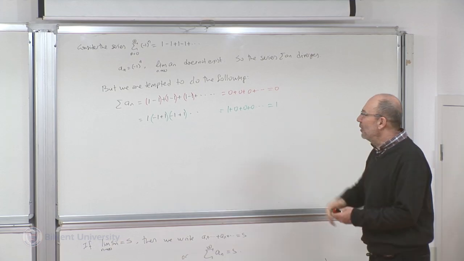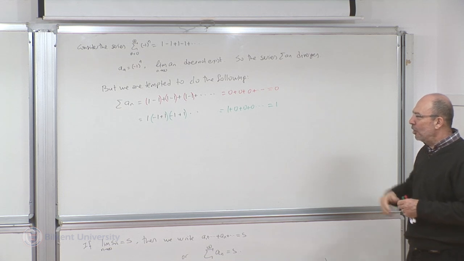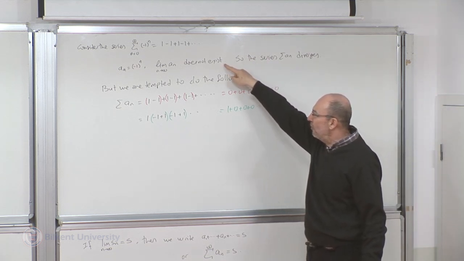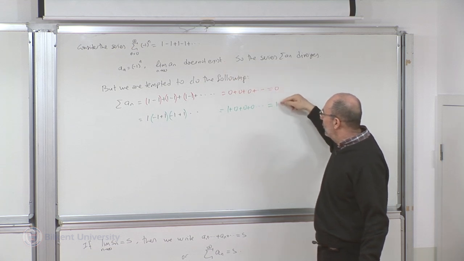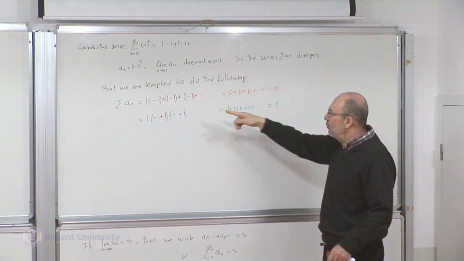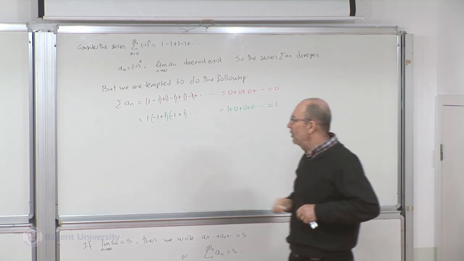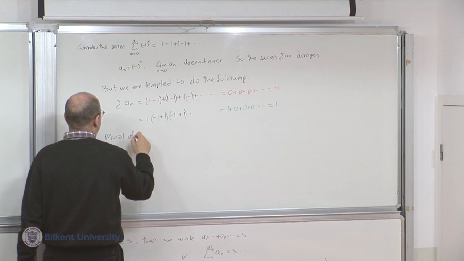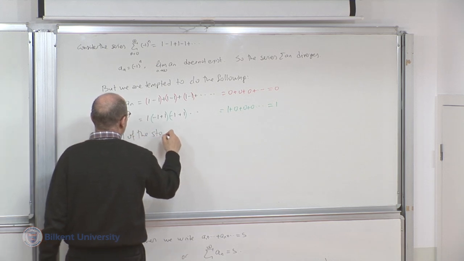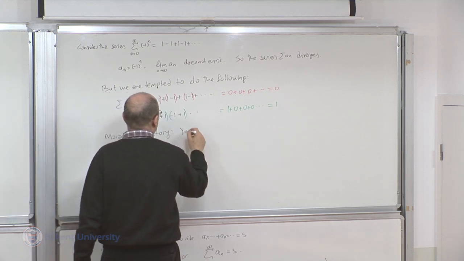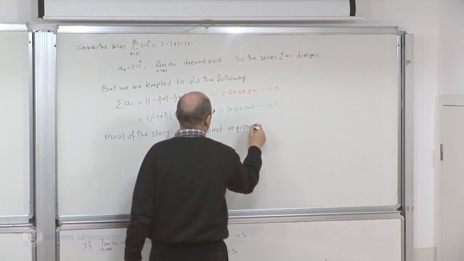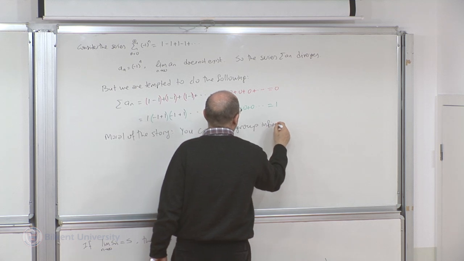Okay, so the conclusion of this, going back to what we learned: we definitely know that the series diverges, and we definitely know that these two numbers are not the same, so you cannot put parentheses. So the moral of the story: you cannot regroup infinitely many terms.